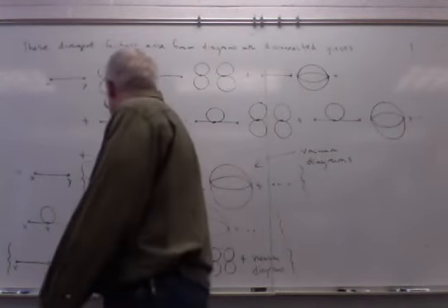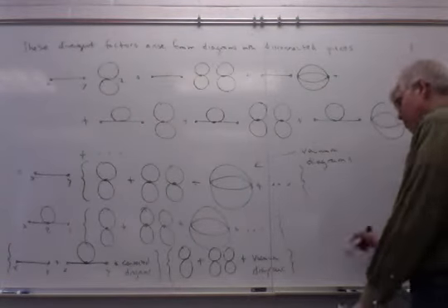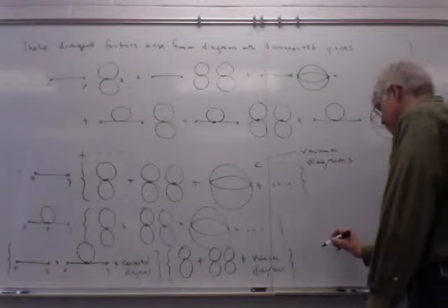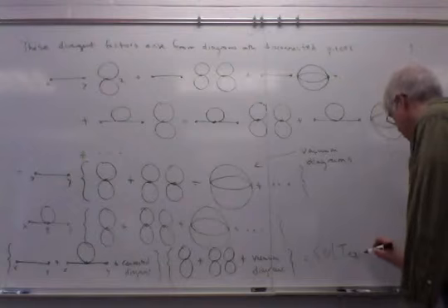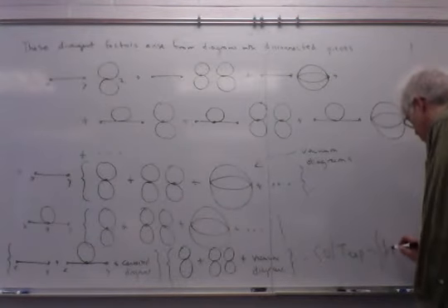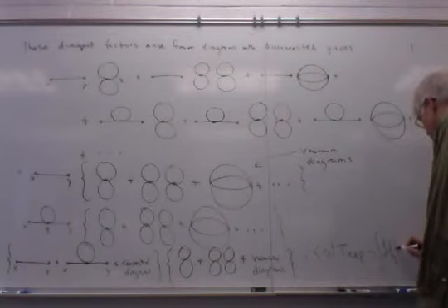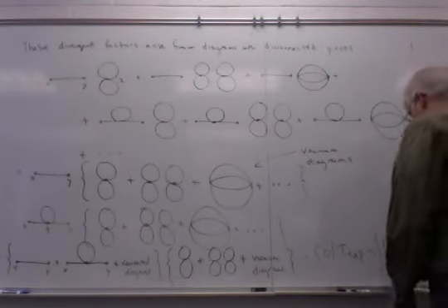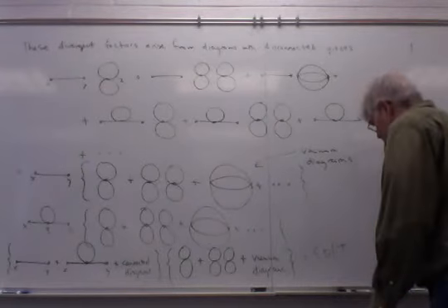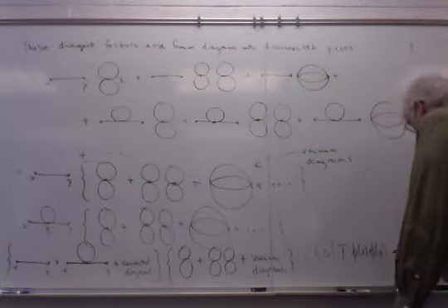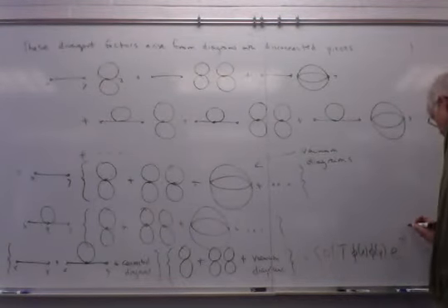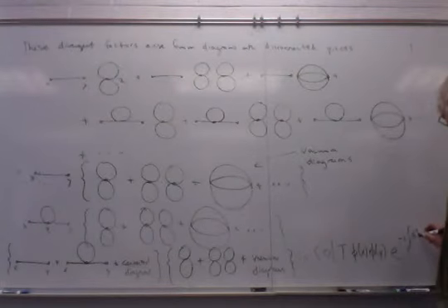Now if you remember, what I've been evaluating here is this numerator. Phi x, phi y, exponential minus i, integral d4z, lambda over 4 factorial phi fourth, 0.